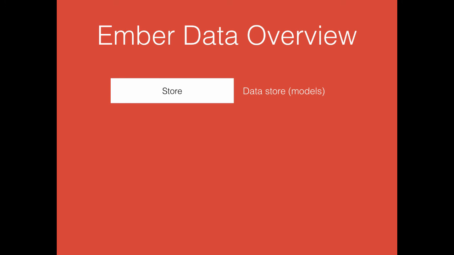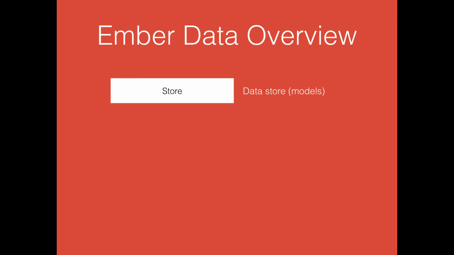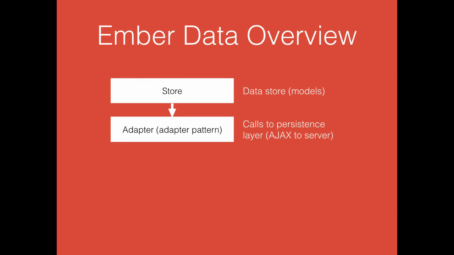All right, let's see. Here's an overview of Ember Data. You start off with something called the data store, which is like a house full of all your records or your models. It asks the adapter, okay, how do I get the data? Do I get the data from local storage, or should I get it from an API, an AJAX call to an API?